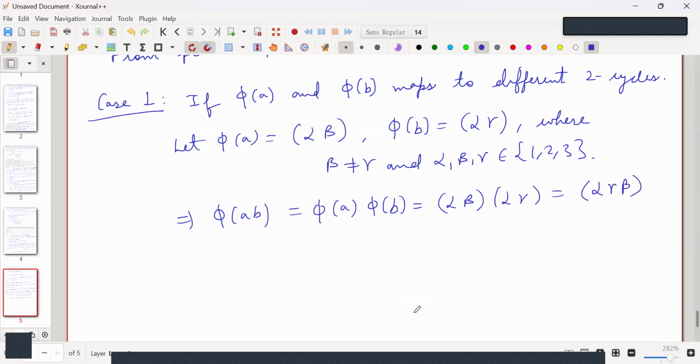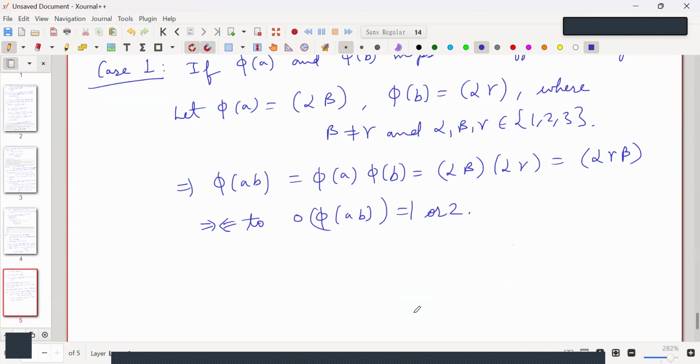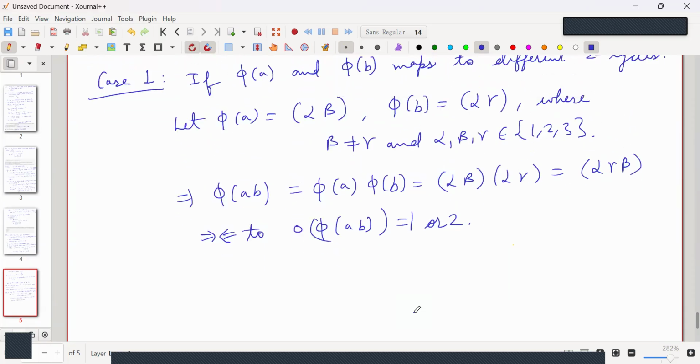So it's a three cycle, which is a contradiction to the order of phi AB being 1 or 2. Definitely they cannot map to different 2 cycles.